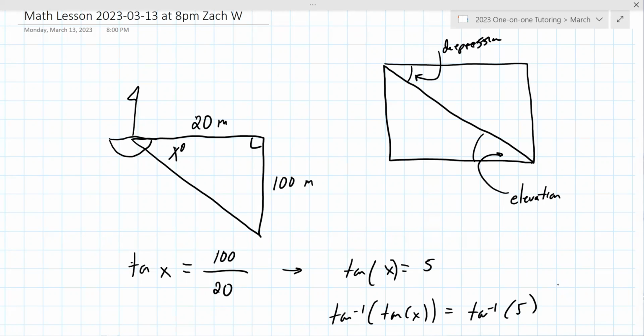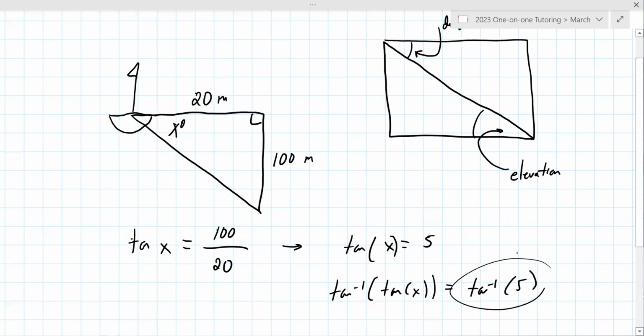Is that just tangent with the x inside those parentheses? It is. It's because you're undoing tangent. You just go right to the answer, the tan inverse of 5.